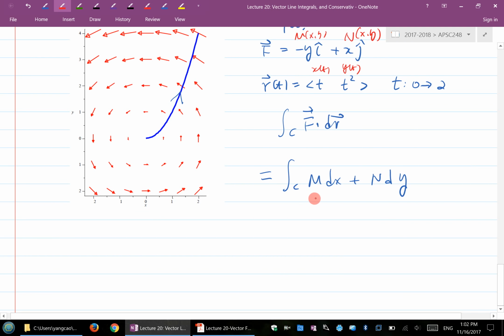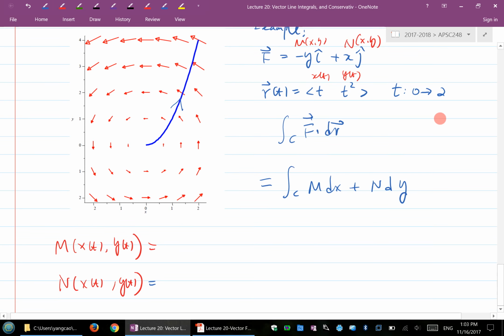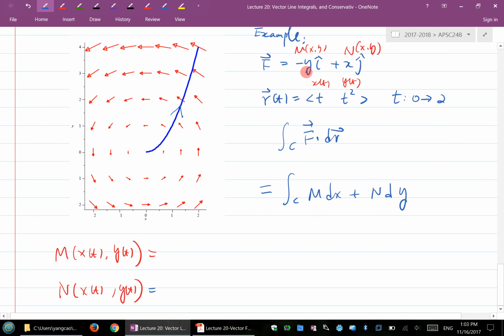So let's look at this from here. How do I proceed? I'll write a few scrap notes here. You will replace the M with x of t, y of t, and you replace the N also with x of t, y of t. This M is just negative y, so I will replace the y with y of t.